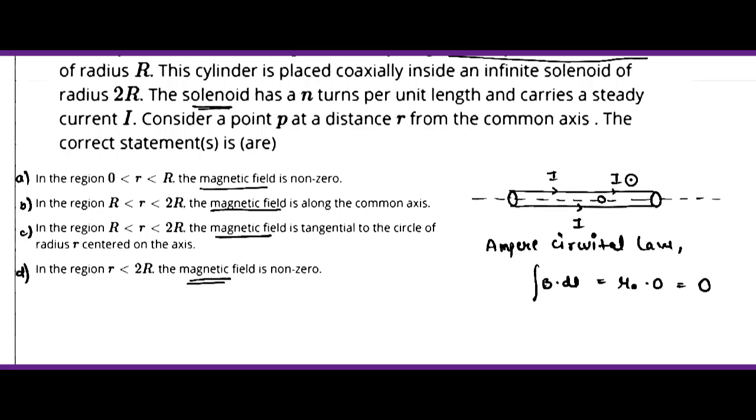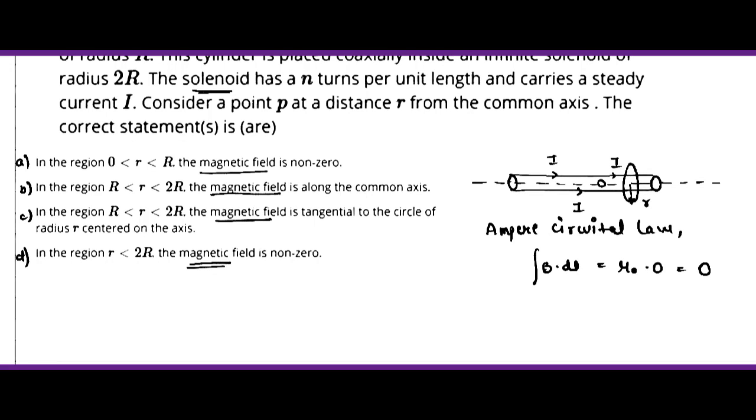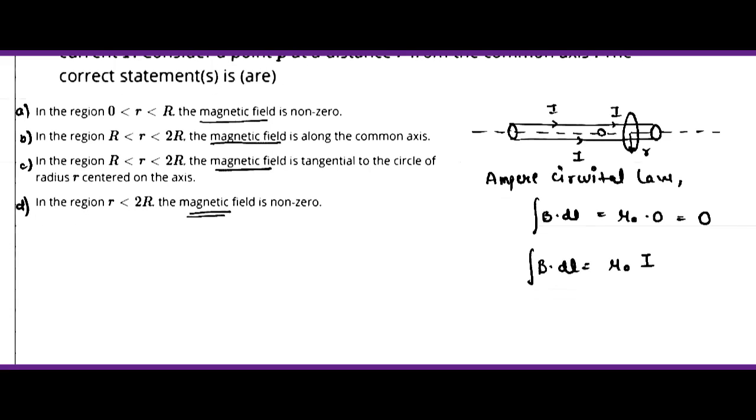And if I take a loop outside this conductor at a distance small r, then according to the Ampere circuital law, it will be B dot dl, and this will be equal to mu naught times I. And from here, after doing the calculations, we can find the magnetic field at this distance r equals mu naught I divided by 2 pi r.